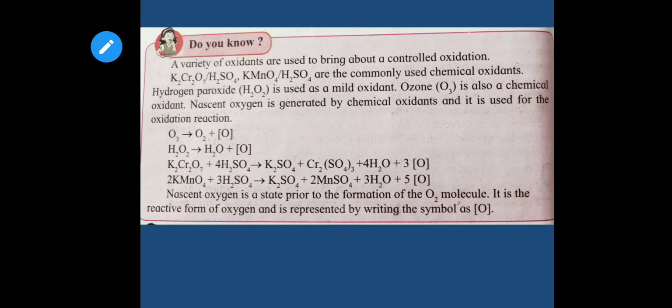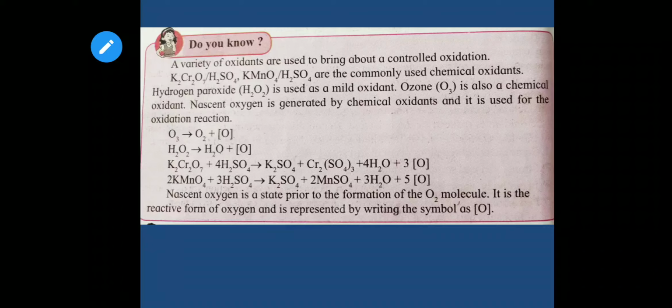Do you know what is given in your textbook? A variety of oxidants, meaning oxidizing agents, are used to bring about controlled oxidation. Acidic potassium dichromate and acidic potassium permanganate are the commonly used chemical oxidants.